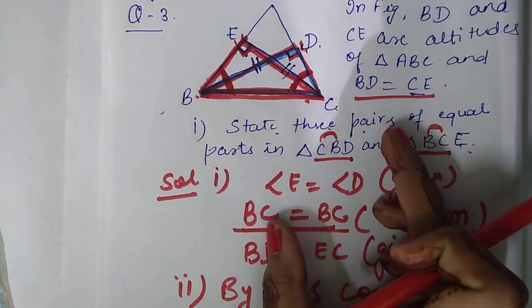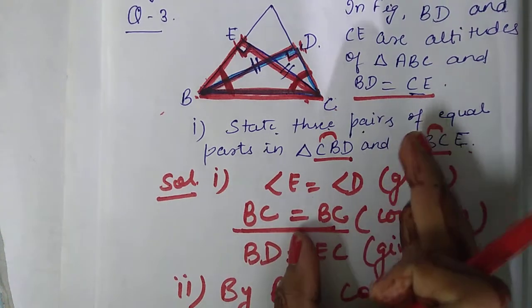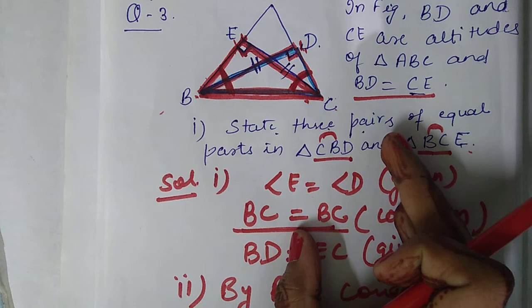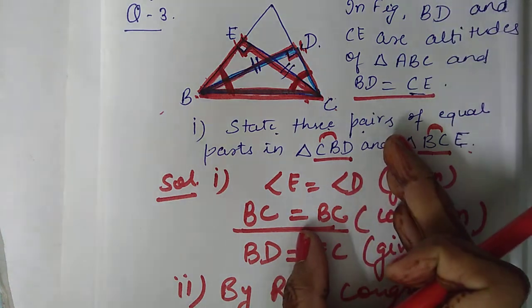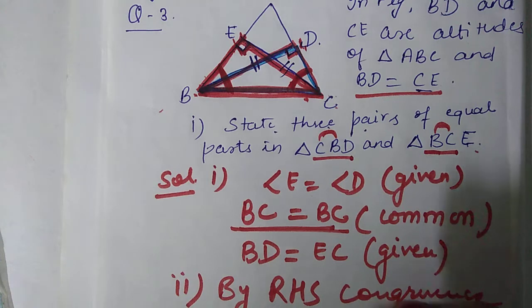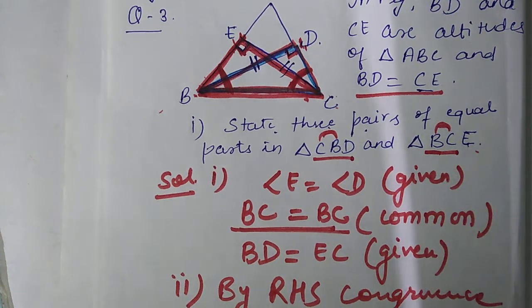First you have to give the 3 equal parts, then write the congruence rule, and most probably for the third part you can write CPCT, because in every question they are asking, are they equal? Yes, they are equal by corresponding parts of congruent triangles. Not 100% but 90%. The reasons are the same. Now the chapter is completed.